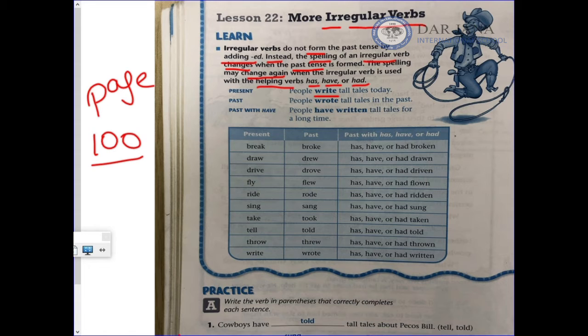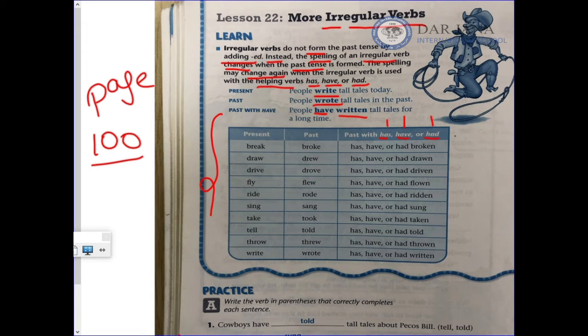For the past of write, people wrote tall tales in the past. But with have, has, or had, we go with have written. So the past of write is wrote, and the past of write with the helping verb has, have, or had is written.